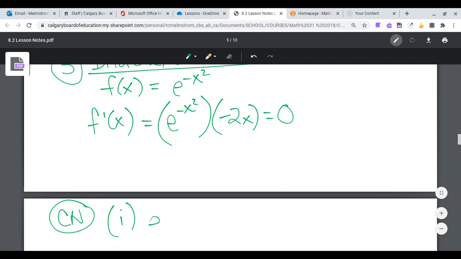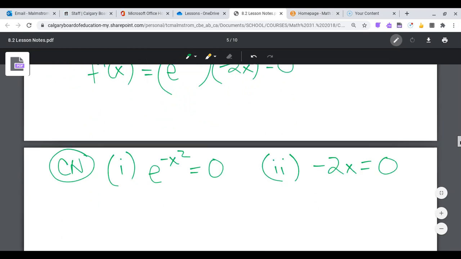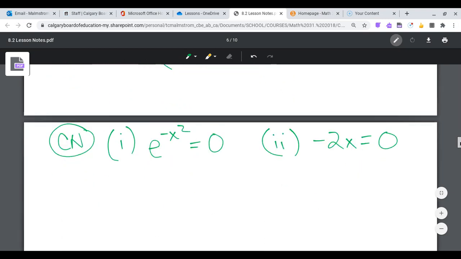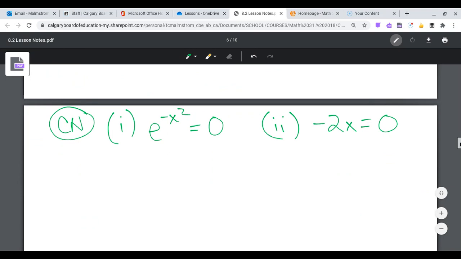So we're going to look at e to the power of negative x squared being equal to 0, and we're going to look at negative 2x being equal to 0. And hopefully we've gotten into the knowledge now that the first case is not going to exist. e to any exponent is never going to equal 0. But in the second case, x would be equal to 0. So we have one critical number.